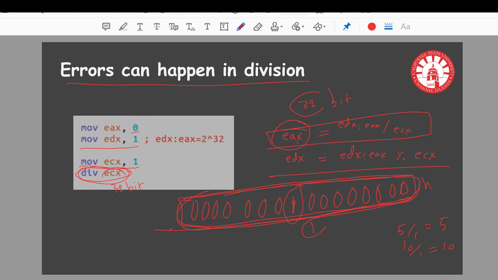And EDX is going to store the remainder. Therefore, you are not going to get the value of 2 to the power 32. You are going to get the value of 0 because your EAX register doesn't have enough bits to store this number. Therefore, the system is going to raise an exception error.